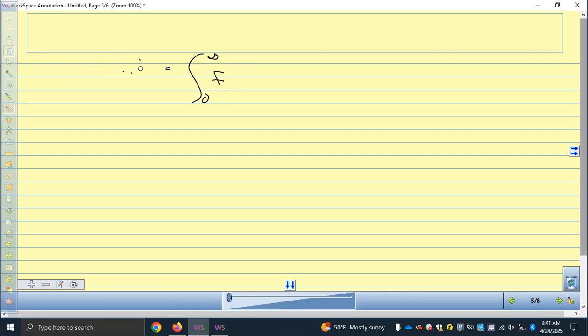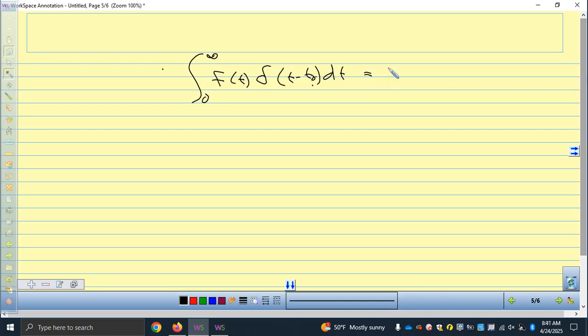This is not an equals here. This is our mathematical definition of the Dirac delta function: the integral from 0 to infinity of f of t delta of t minus t0 dt equals f of t0. So we can take this as our definition of the Dirac delta function.